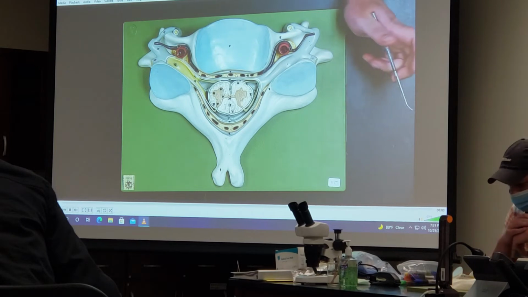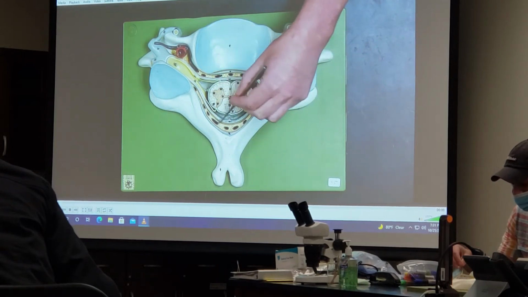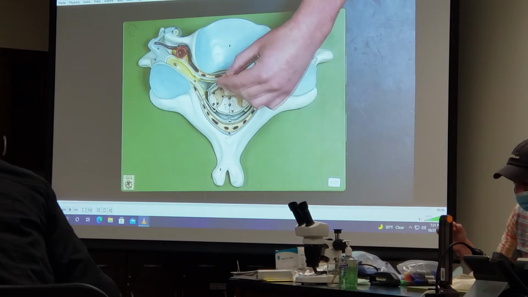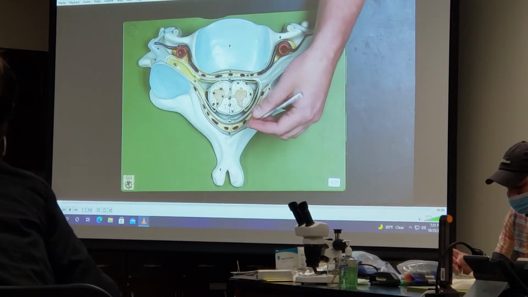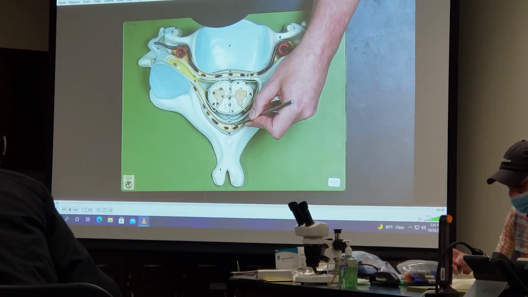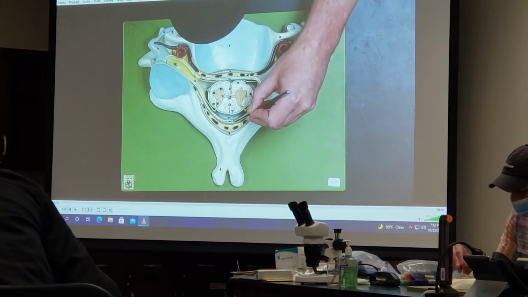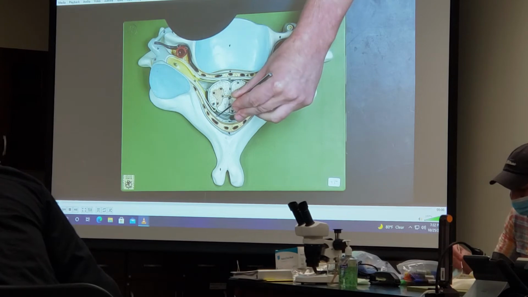So, it's the epidural space with adipose tissue. And then deep to that will be the outermost meningeal layer, which is the dura mater, or the tough mother. Deep to that is the subdural space.